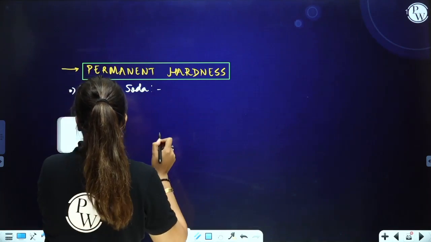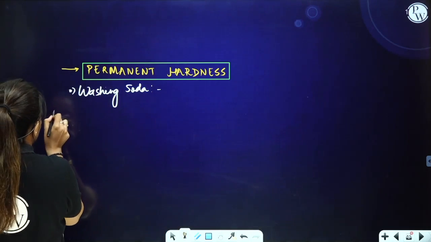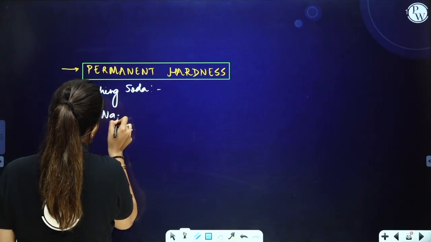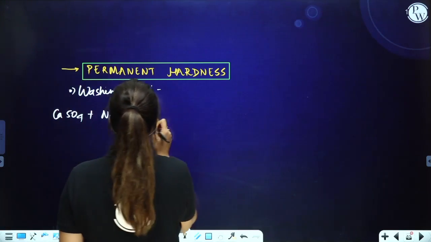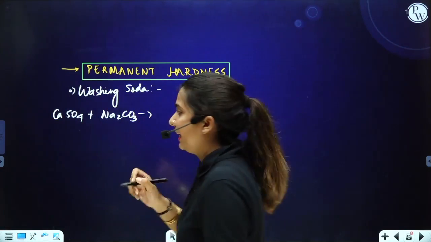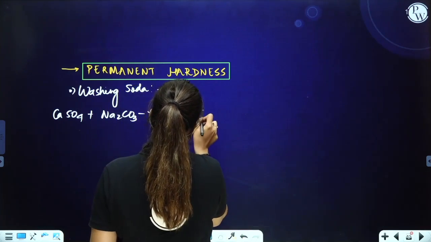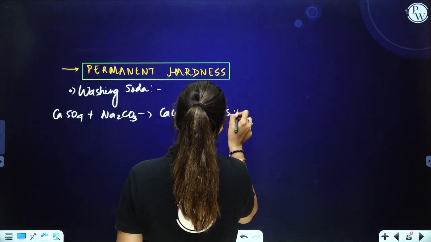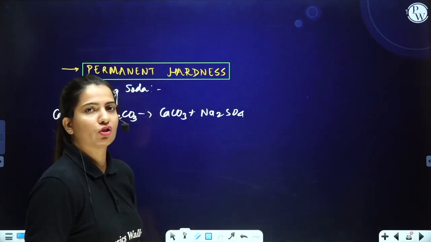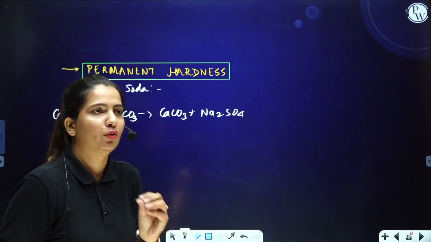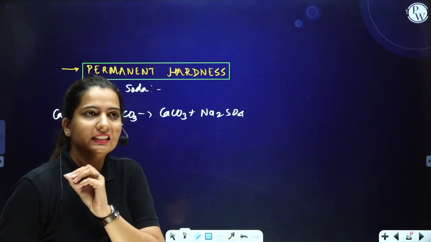Now washing soda, what is it doing? Let's say I have calcium sulfate. You react that with the washing soda. It will give you the double displacement reaction to give you calcium carbonate plus sodium sulfate, and you are free from the calcium chloride or sulfate ions that are responsible for making your water hard.